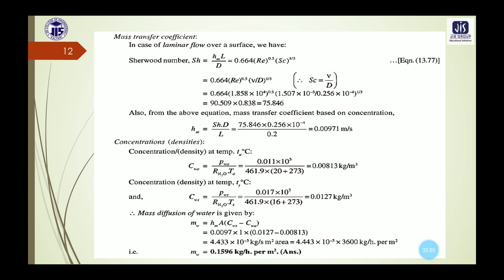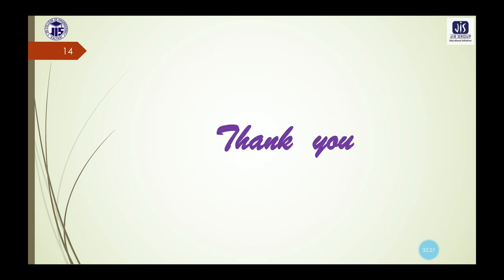Now the mass diffusion of water is given by mw equals to Hm into Cws minus Cwa. Putting all these values, we have calculated the final value of the mass diffusion for water, which is 0.1596 kg per hour per meter square. So this was the procedure by which we have solved these numericals.